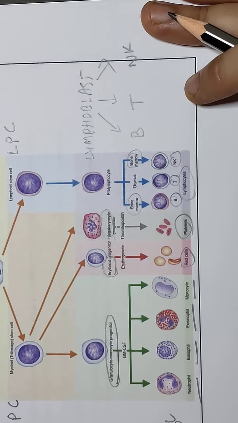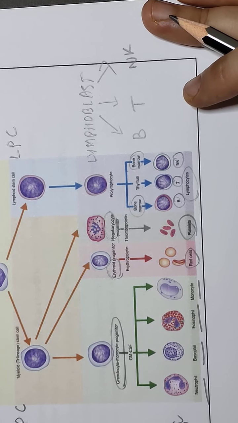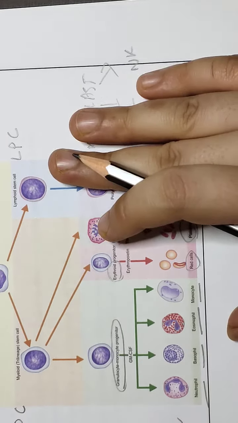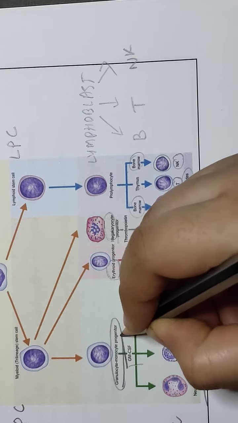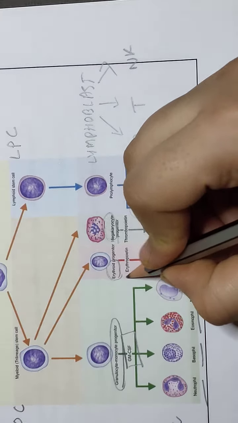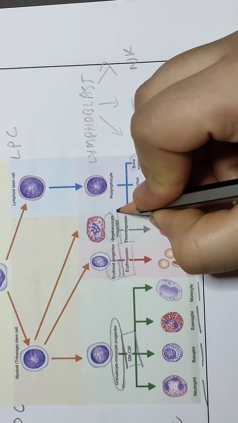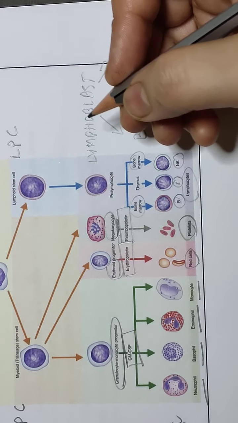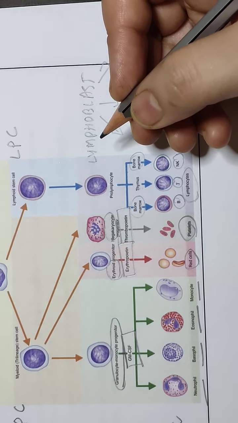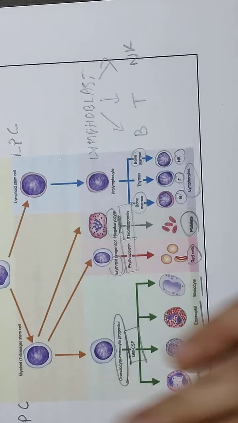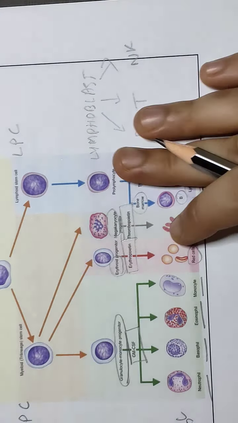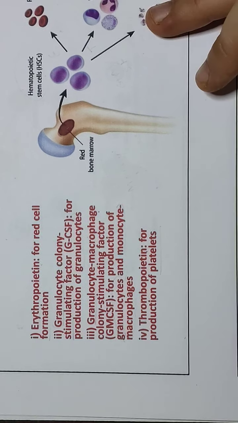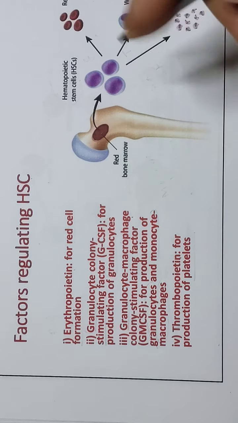Now, as I told you, there are some particular factors that cause hematopoiesis. Now, if you see over here, you can see factor 1, factor 2, factor 3. In this particular series, you can understand there are three important factors, but there are actually four. So what are the factors responsible for hematopoietic stem cells?